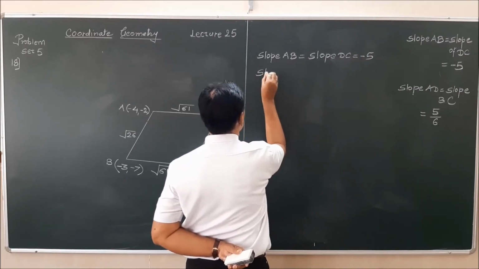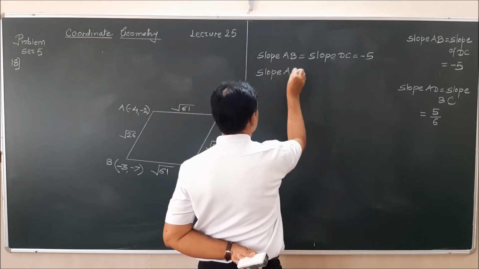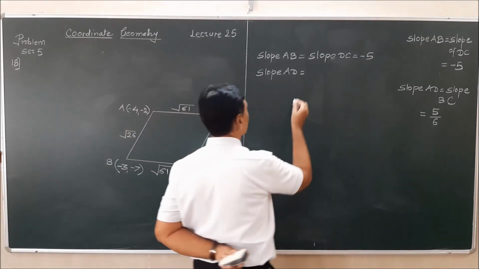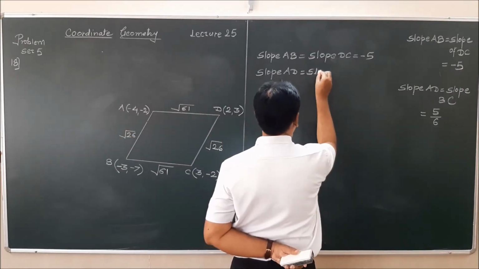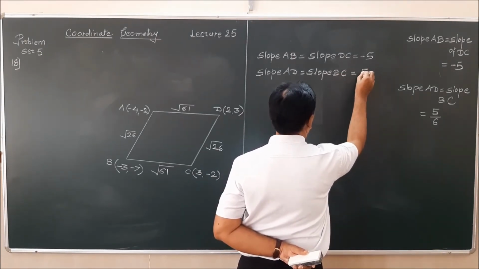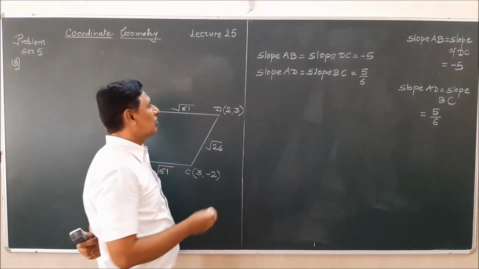And slope of AD is equal to slope of BC, that is equal to 5 upon 6. Okay.